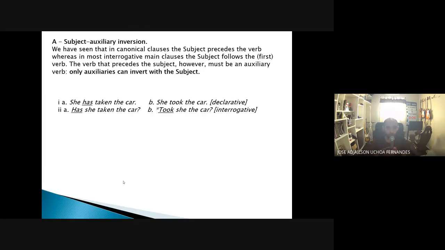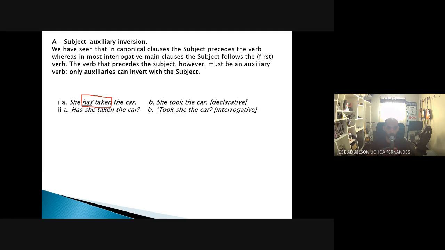Let's take a simpler case, like in 1A. She has taken the car. If you look at the role played by the verb to have, we see that has is part of the structure has taken, which is what I call the verb capsule.